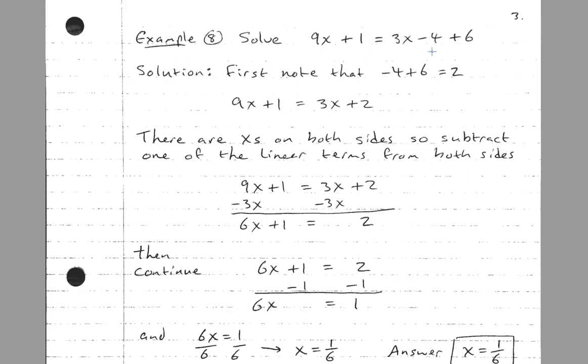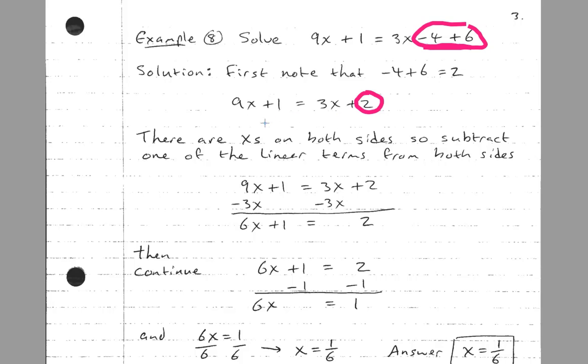So first we're looking to simplify the equation, and there's an obvious simplification here. Negative 4 plus 6, that's just 2. So we can replace this piece with just 2. Alright, so that's some progress.